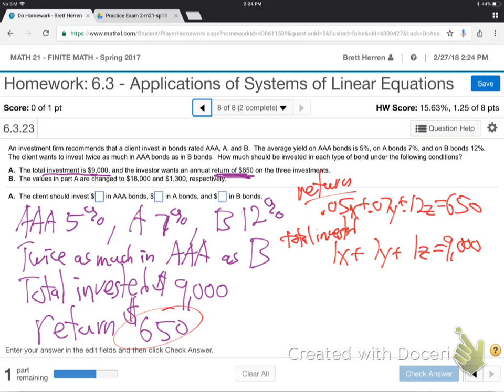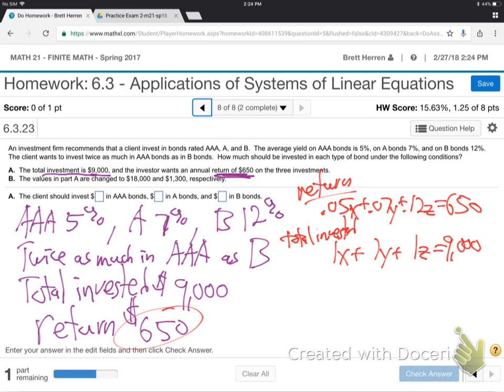You don't have to put in the letters. Those two are always the same in these money problems. There's always one of them that's just x, y, z, total invested, every time. And then the percentages go with the return or the interest or whatever they want to call it.